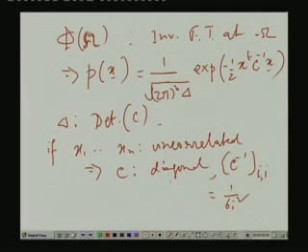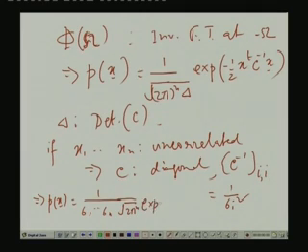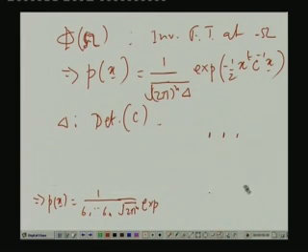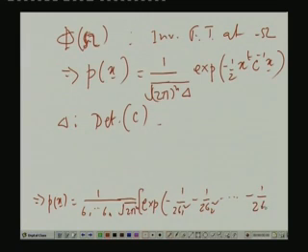So in that case, under the square root, Px becomes just 1 by sigma 1 dot dot dot sigma n after square rooting, 2 pi to the power n square root, into exponential minus 1 by 2 sigma 1 square minus 1 by 2 sigma 2 square dot dot dot minus 1 by 2 sigma n square.